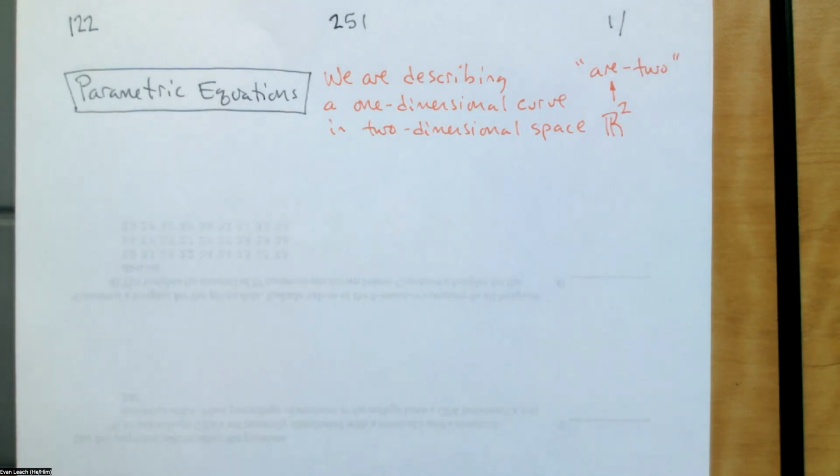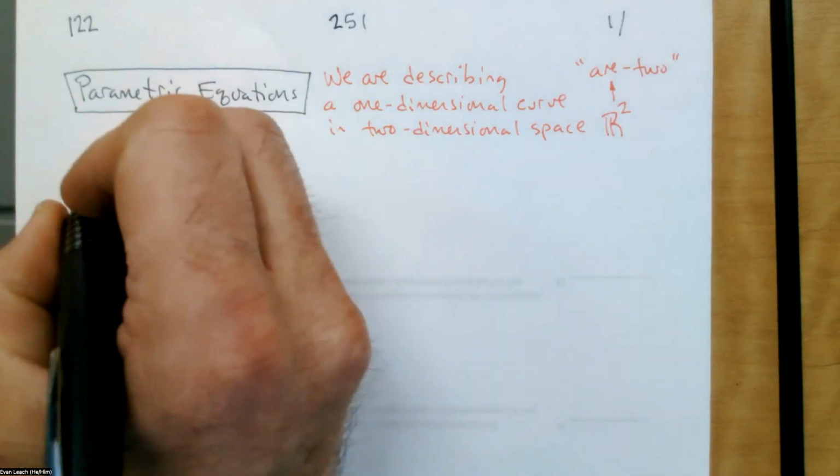We already have methods for describing curves in two-dimensional space. But the methods that we have rely on a relationship between the variables. So our methods so far for describing these curves rely on a relationship between the variables.